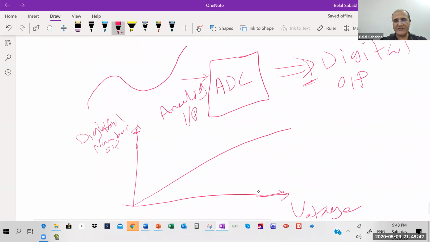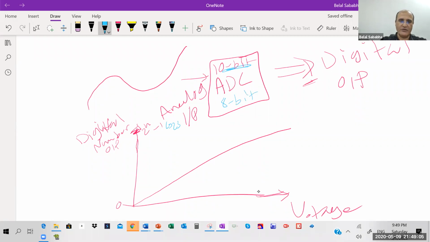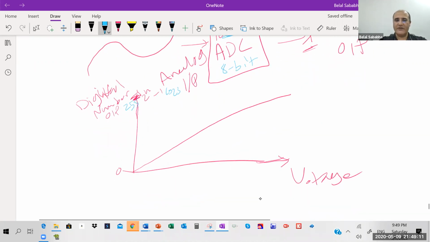If this is a 10-bit ADC, then the maximum is 2 to the n minus 1, meaning I measure from 0 to 2^n minus 1. If we were at 10-bit, then this is 1023, right? If we were 8-bit, then this is 255. And the voltage, for example, from 0 to 5 volts.